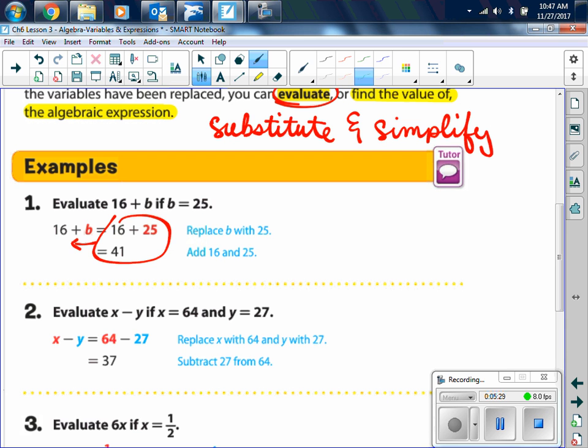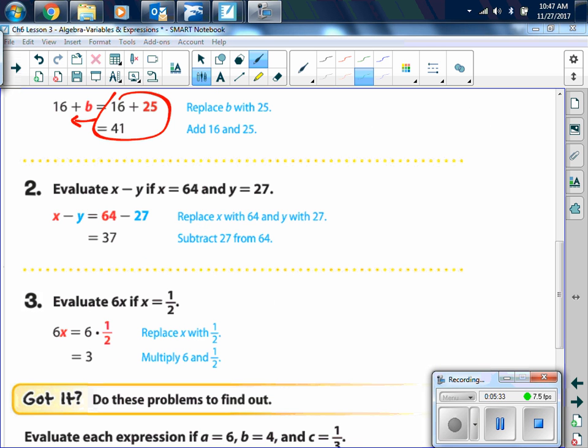And it's as simple as that. You can also evaluate with fractions. So here we want to evaluate 6x, or 6 times x. So wherever there's an x, we're going to put 1/2. So this says 6 times 1/2. Okay, so 6 times 1/2, of course, is 3.